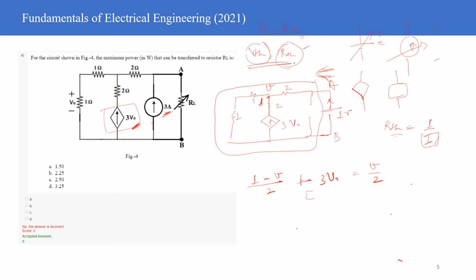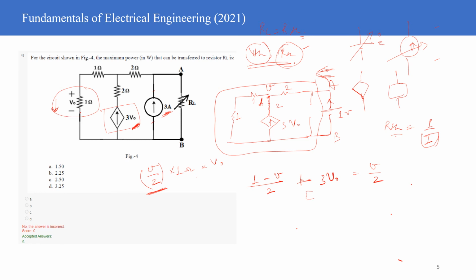Also, it is given that (V divided by 2) into 1 ohm is equal to V naught. The current is flowing like this, so the current value is this. Current into resistance is nothing but voltage, and the polarity remains the same because you are taking it from the high to the low side.